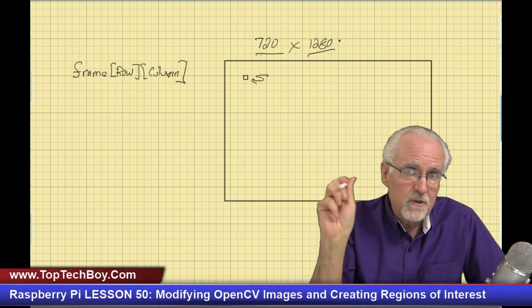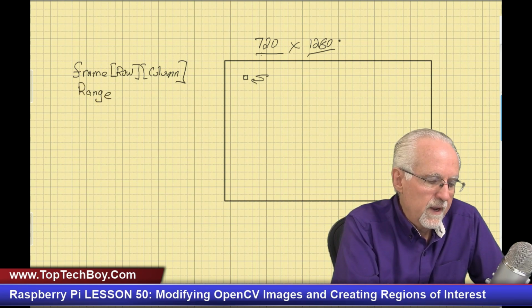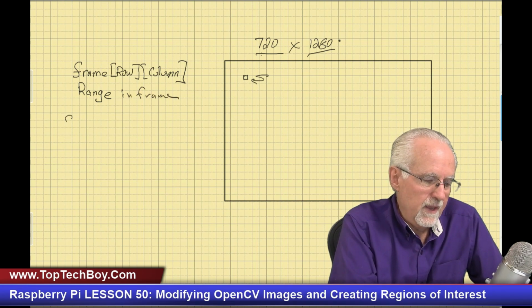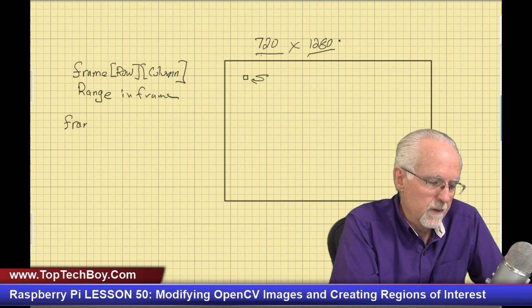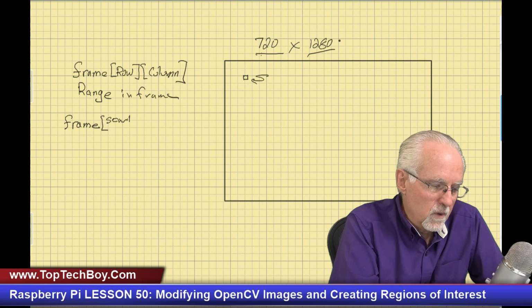You don't want to have to do it one pixel at a time. And so what we want to see is how can we work with a range in the frame. Okay, and this is how we do it. It is frame, and then we open the bracket, and then what you do is you say, what is the start row? What row do you want to start with?